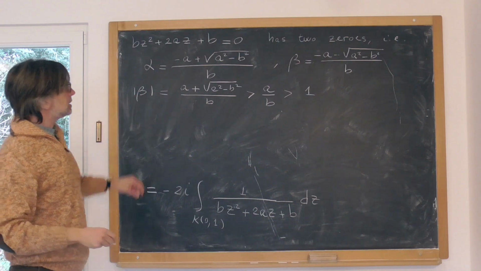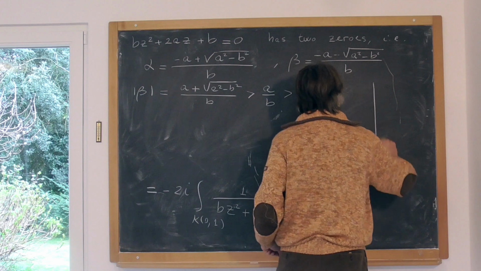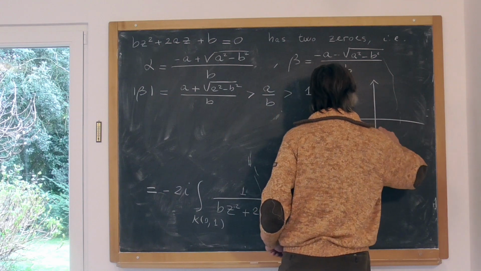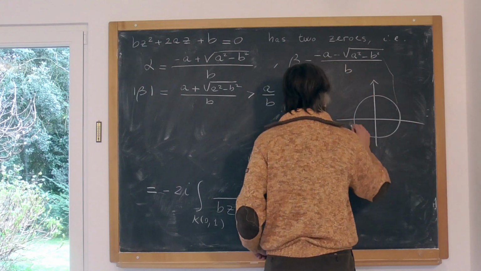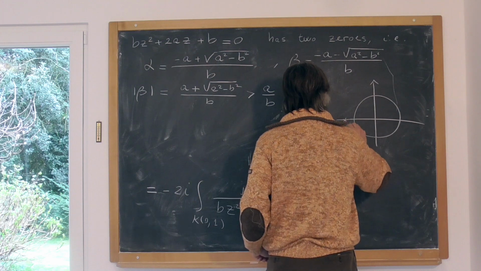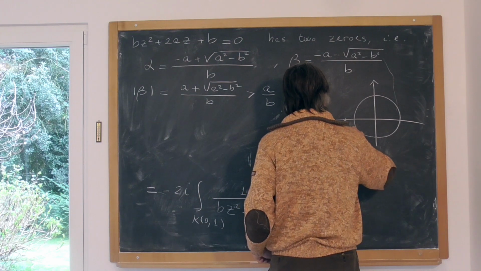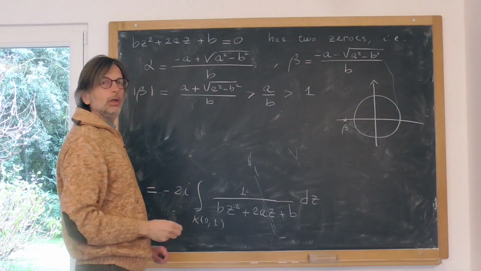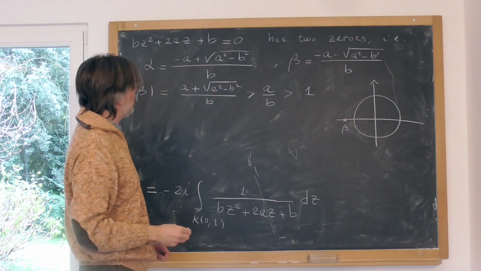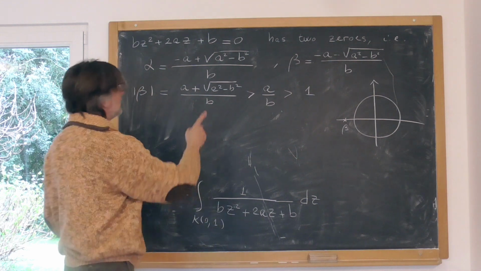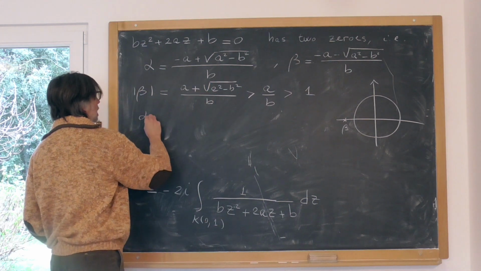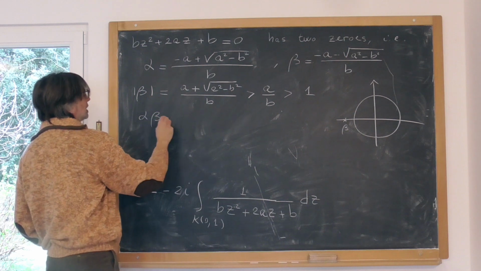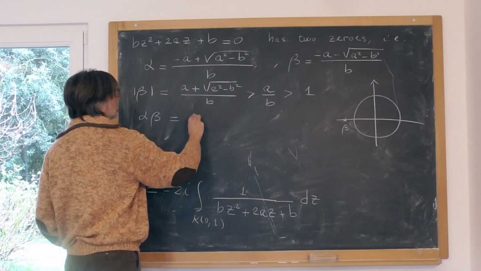So the zero beta is negative and outside of the unit circle, while the zero alpha, you can easily check that alpha times beta is just 1.